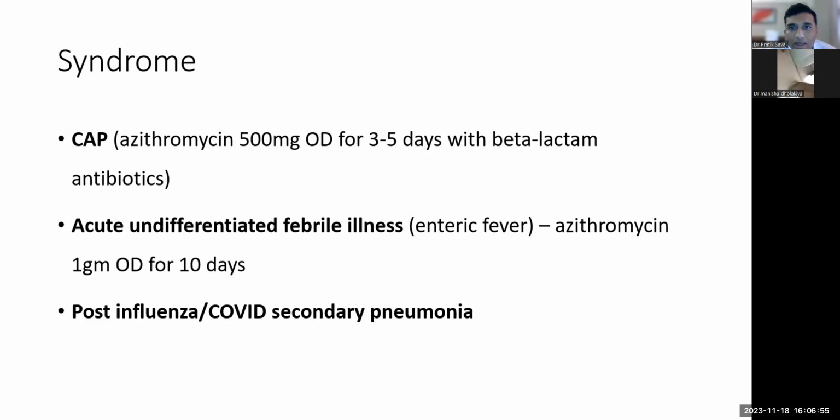This is the standard guideline by the majority of societies. In acute undifferentiated febrile illness, when a patient presents with very high grade fever and toxic symptoms, and on history you can't localize the site of sepsis, you can empirically consider azithromycin after sending the appropriate investigations. In post-influenza and post-COVID dense consolidation, the most common co-infection, or superinfection, is Strep pneumoniae.